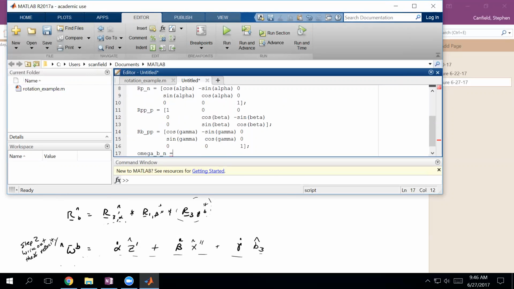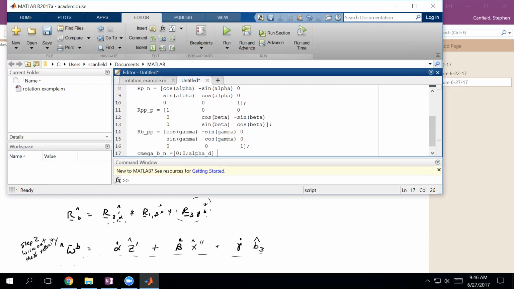Yeah, let's try one big step. So I had the alpha dot in the Z direction, so it's going to be in that Z prime direction. I'm going to use a semicolon to get me to the next row: 0 in the X, 0 in the Y, and then alpha dot in the Z.